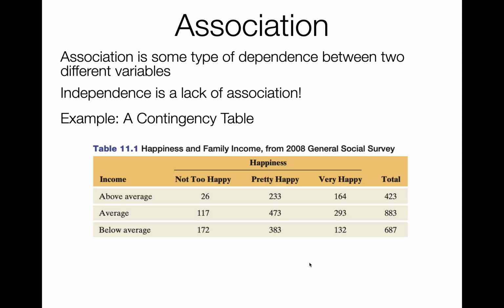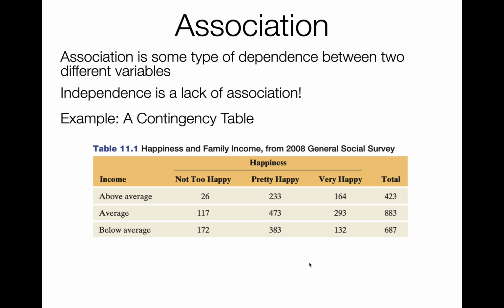So an example of association with categorical variables is here. This is a simple contingency table of income and then happiness from the 2008 General Social Survey. As a reminder, a contingency table is a table of numbers that have been what are called cross-tabulated for two categorical variables.